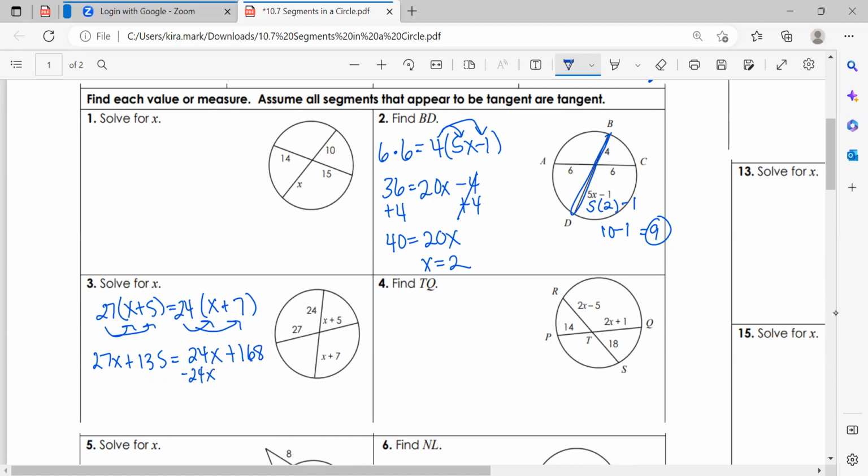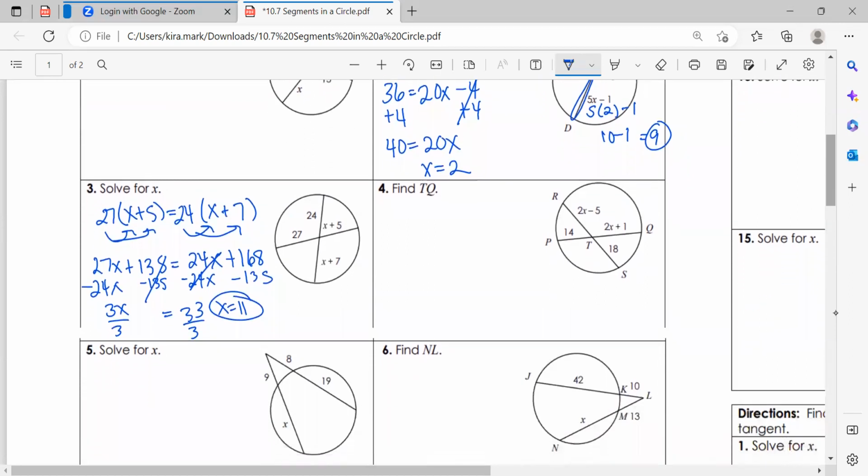I'm subtracting the smaller one over, 3x, and then I'm going to subtract the other side, 135. 168 minus 135 is 33. So divide both sides by 3, we get x equals 11, and then double checking that's what we were looking for. It is. We're good to go on the part problems.